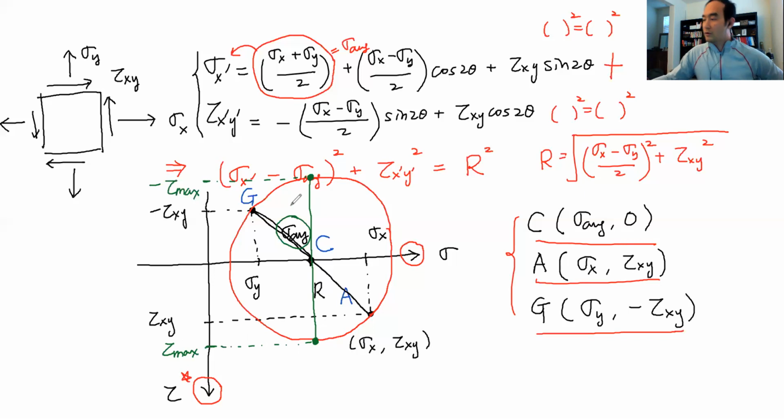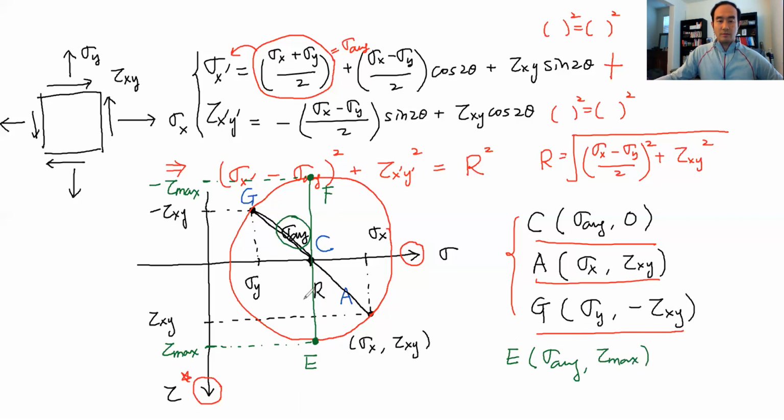In your textbook, this is point E, and this is point F. The coordinate of point E has an X coordinate the same as the center, which is sigma average, and the Y coordinate is tau max. And what is tau max, by the way?